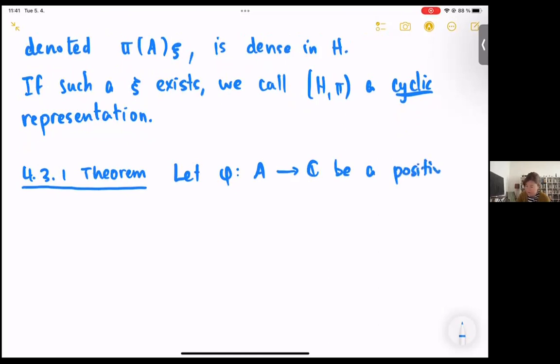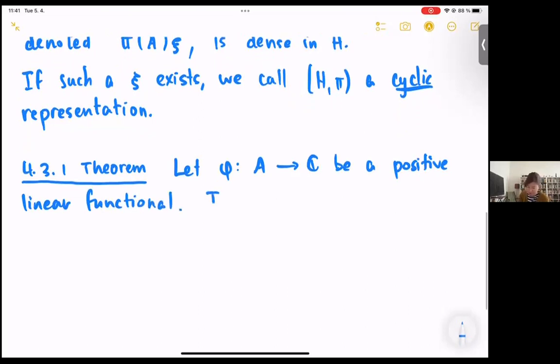From any positive linear functional on our C-star algebra A, we can make the GNS construction. And it will be cyclic.